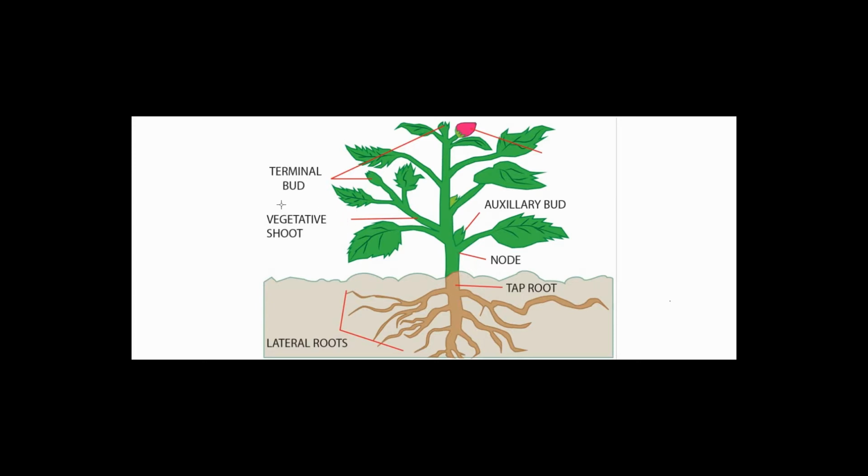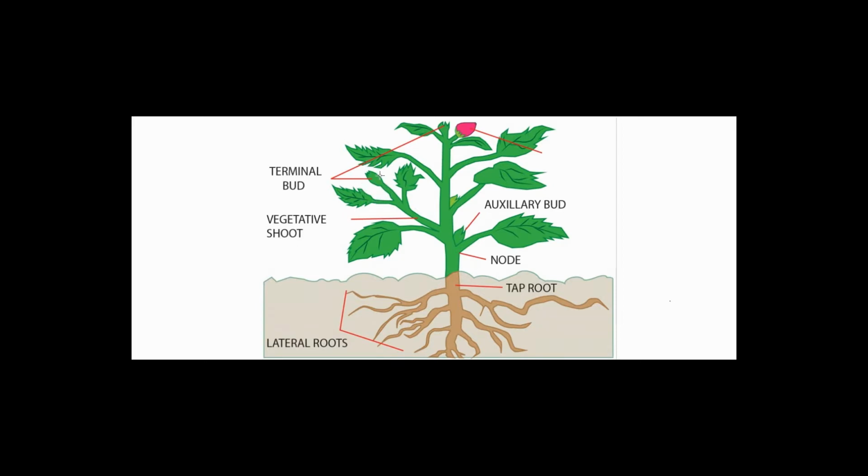And we also have here the vegetative shoot, wherein the axillary bud can grow into a productive stem that can hold or grow another bud or leaves.